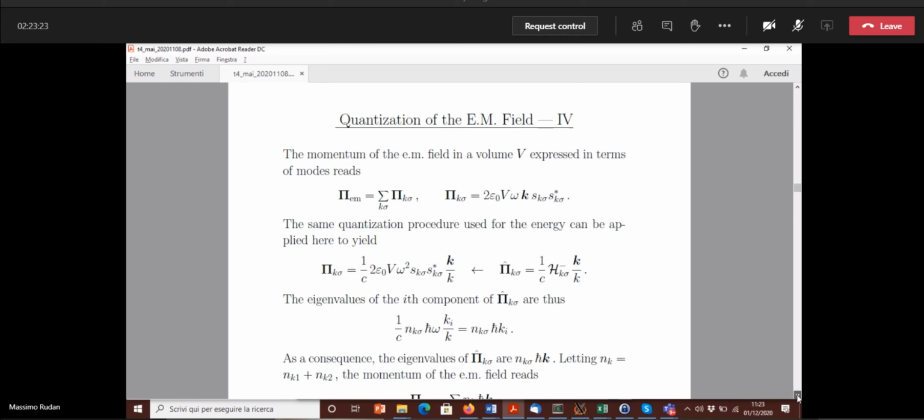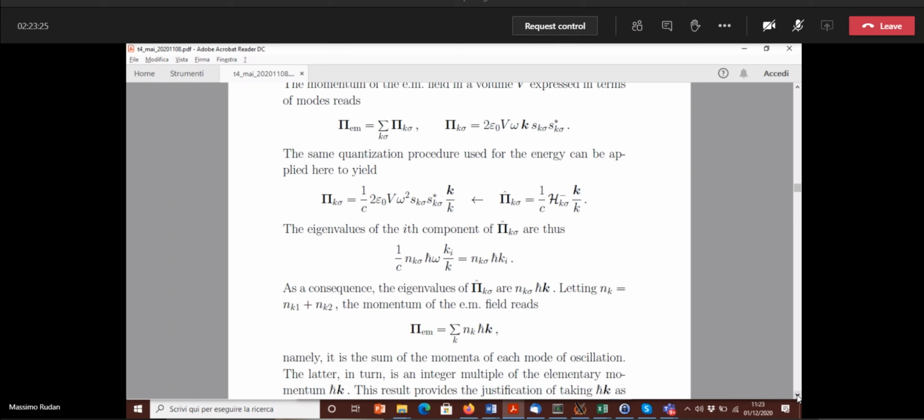And this expression, fortunately, is very similar to that of energy, okay? So the momentum of the electromagnetic field, here it is called with the symbol capital pi, okay?